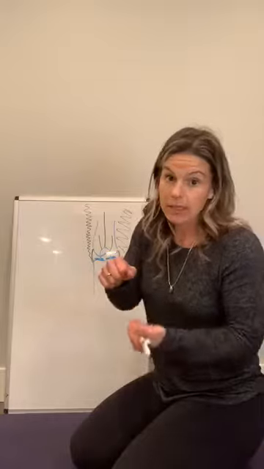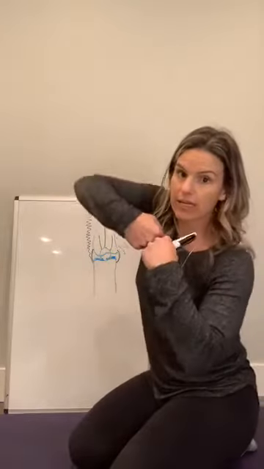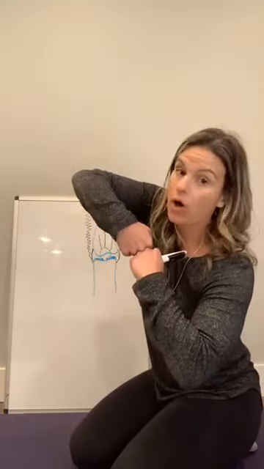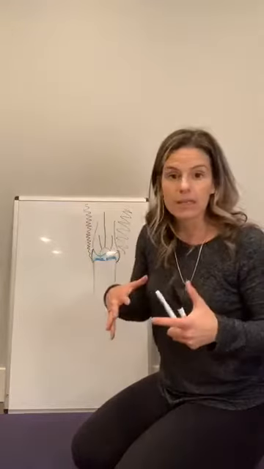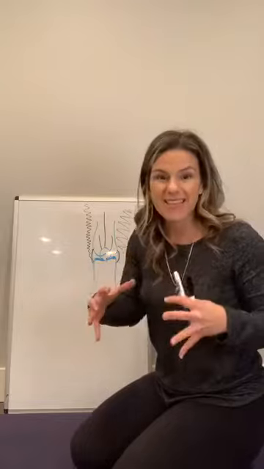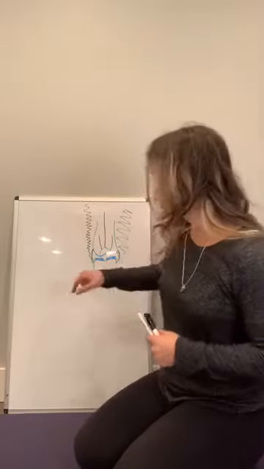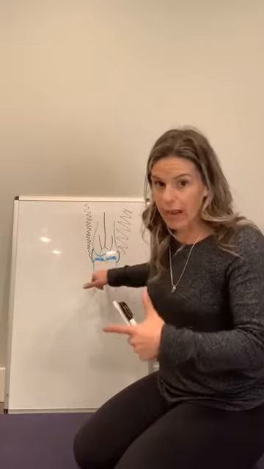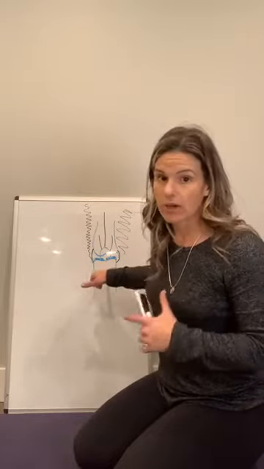Mobility is the ability of the joint to have its full range. So that knee joint to be able to flex and extend all the way. And then stability is the ability of things to be nice and stable when they need to be. So the knee joint, because it doesn't have a lot of muscles around it, it relies a lot on stability.